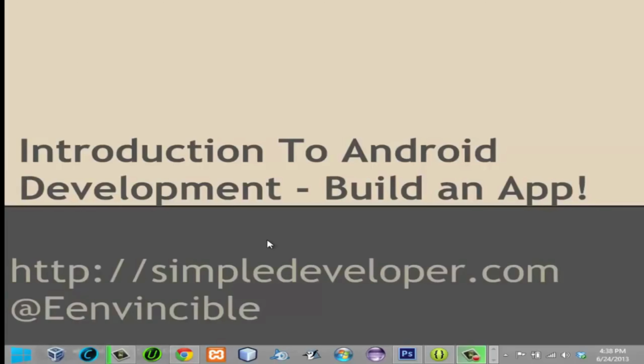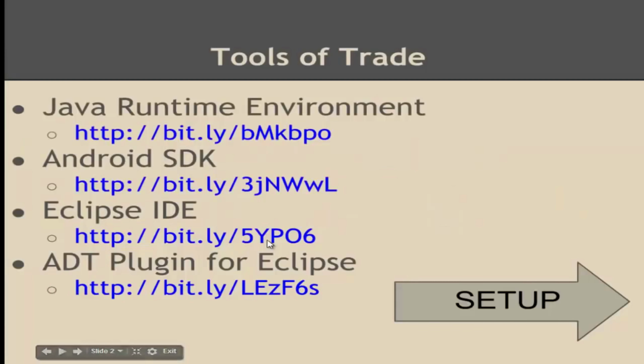Just a recap. In order to get started building Android applications, you need a few things. One, a Java runtime environment, which you can download from the internet for free. You also need Android SDK tools, and an IDE, or integrated development environment.